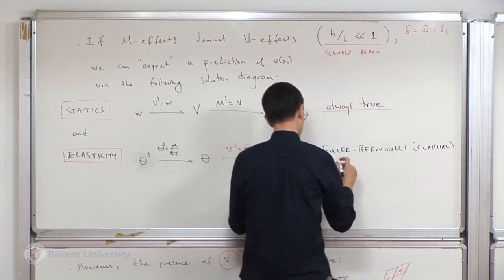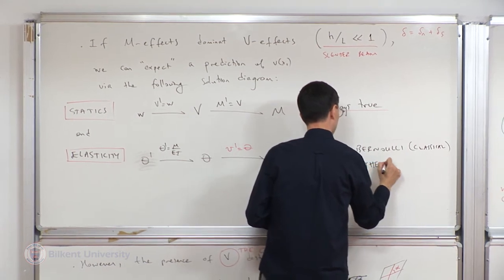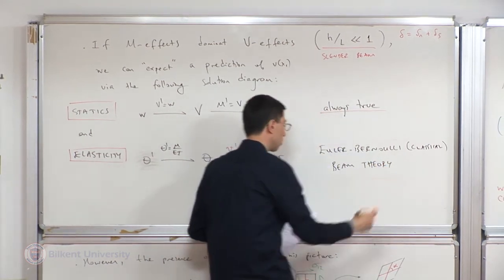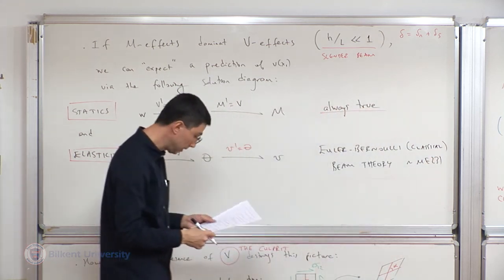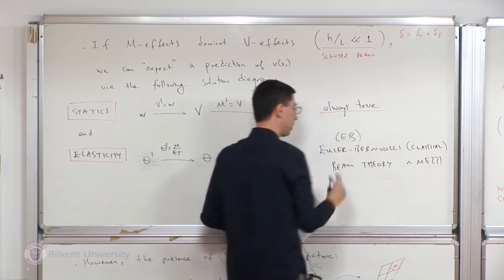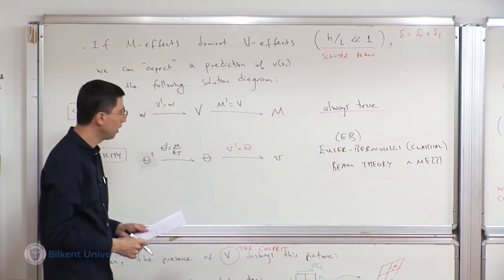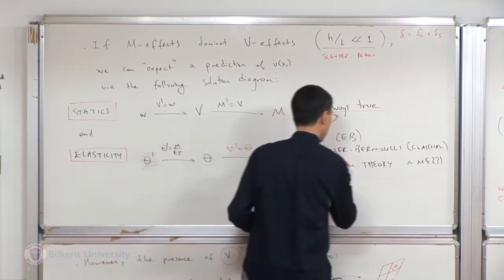So that's the Euler-Bernoulli or classical beam theory. Okay, so again, ME 231, right? And I will have to once in a while write Euler-Bernoulli, and I want to avoid that by just abbreviating it as EB. Okay.